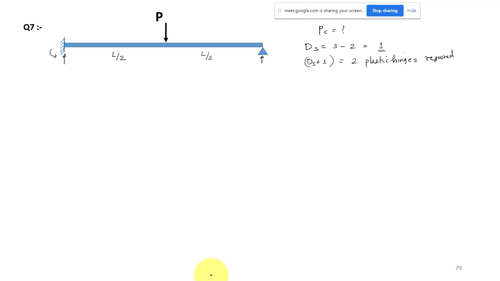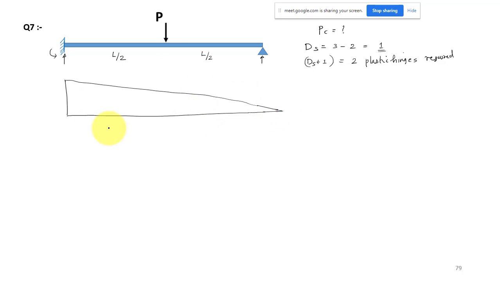The moment diagram will always help you, so that you can identify where the peak moment will happen. At least you should know the moment diagram. Even if you don't know the values, it's fine, you can apply the kinematic theorem.